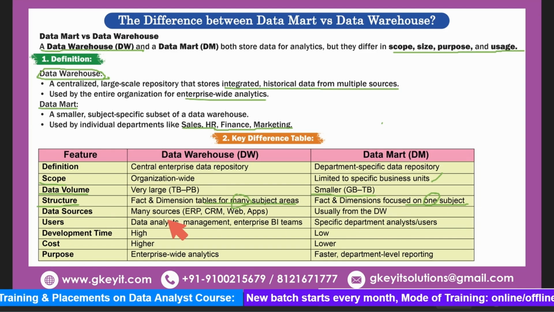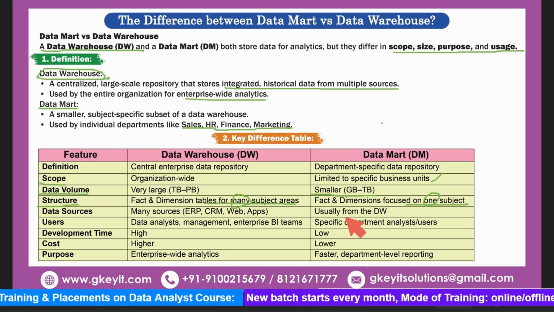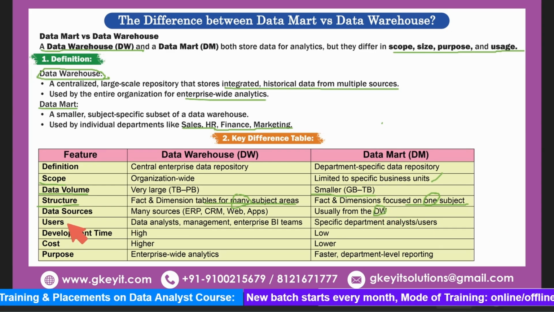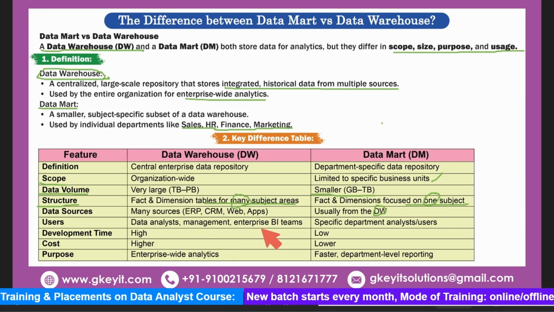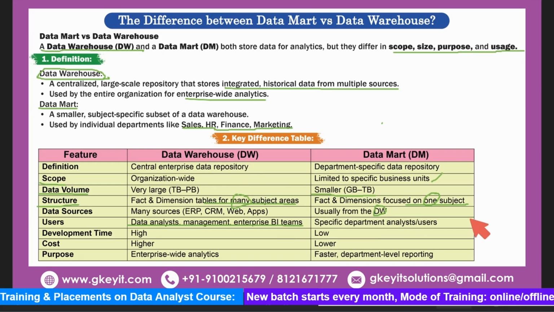Whereas data sources, for data warehouses, are many sources like ERP, CRM, web apps, something like that. And coming to the users, for a data warehouse they are data analysts, management, enterprise BI teams; these are all the different users who will use the data warehouse.